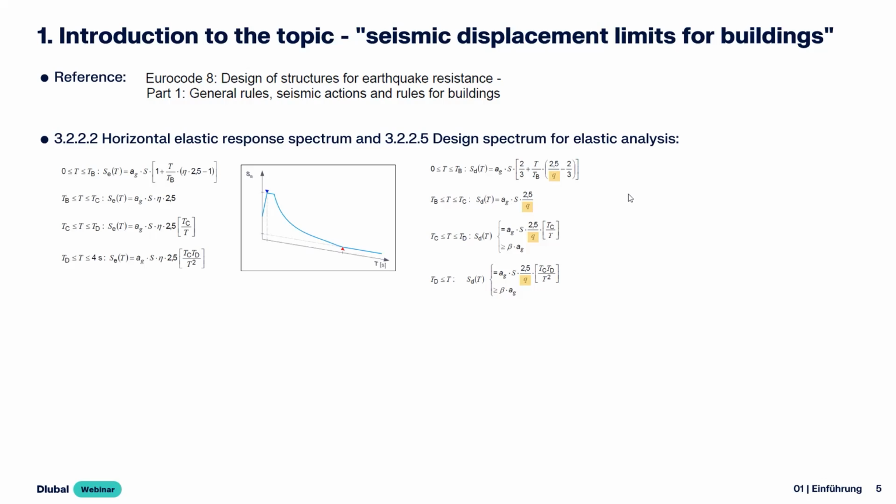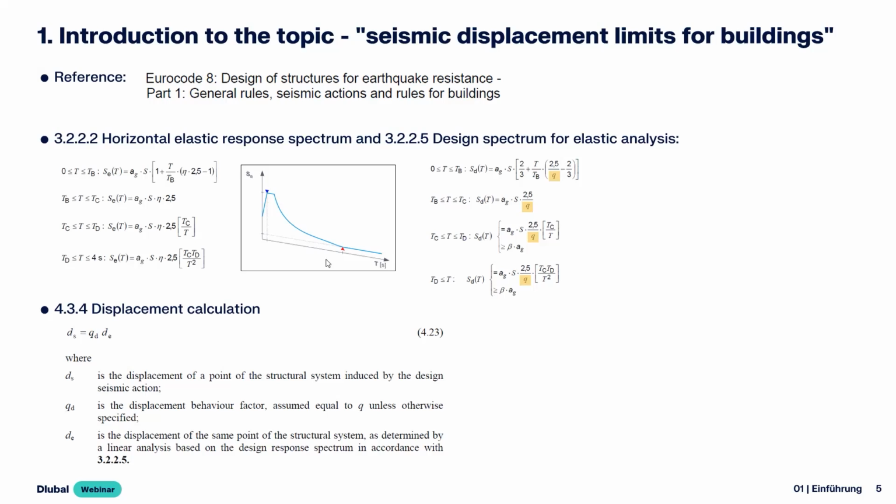Exactly. And so the second section, or better, the third section here for the introduction, is going to be the displacement calculation according to section 4.3.4. So I will start with the value d sub e, and this is the displacement determined by a linear analysis based on the design response spectrum in accordance with 3.2.2.5.